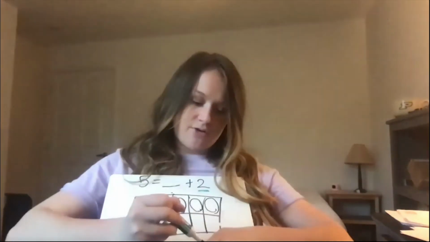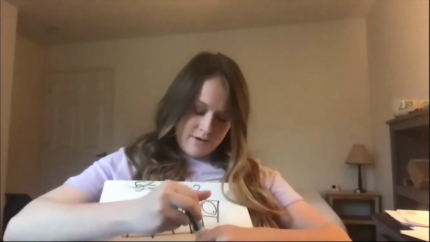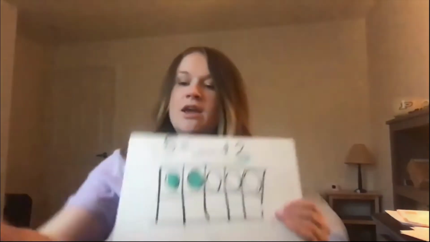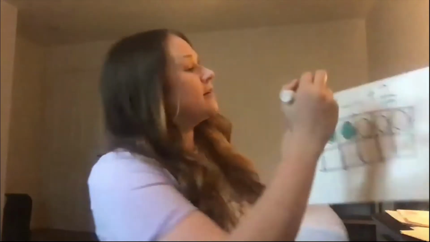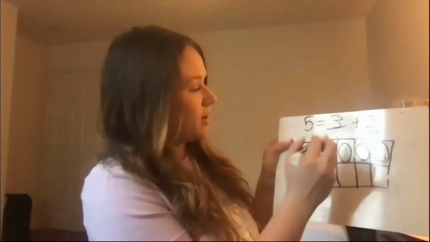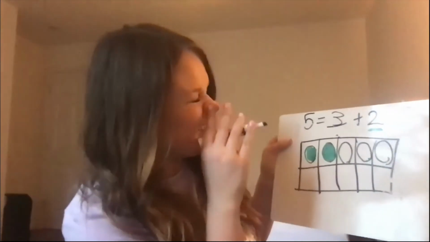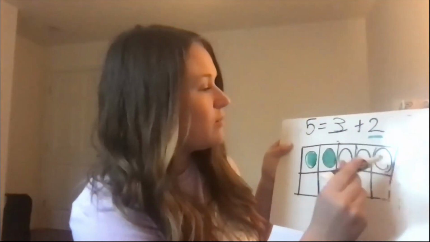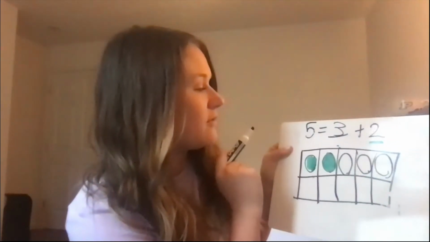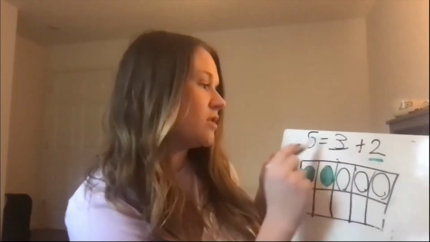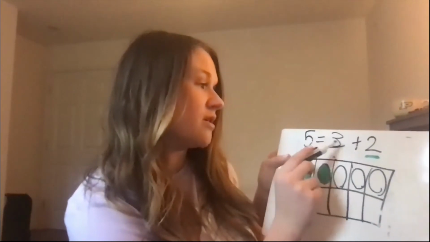So these circles right here that are open are our answer. So we have 1, 2, 3. So in our blank right here, we're going to put 3 because we knew we had 2 that we colored, and then we needed 3 more to get to 5. So that shows us that 3 plus 2 equals 5, or 5 equals 3 plus 2.